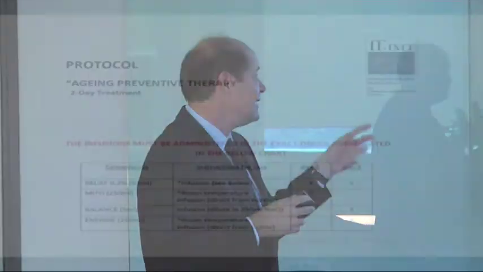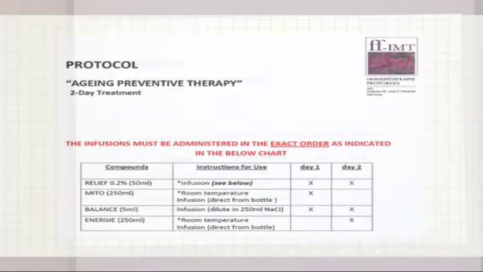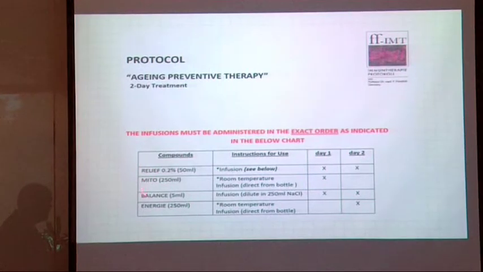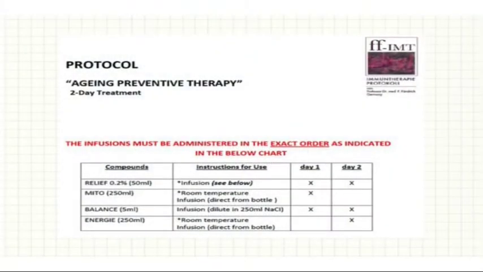So if you normalize the pH, which is done by relief, if you normalize mitochondrial activation, this is a compound mito, which really has a lot of essential compounds to stimulate normal mitochondrial function, and in combination with balance and energy, amino acids, I've seen a much better physiologic microenvironment with stem cell activation.